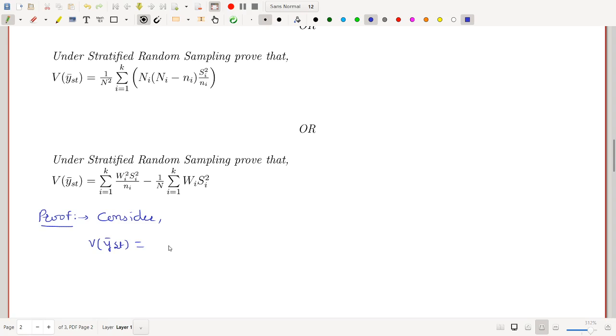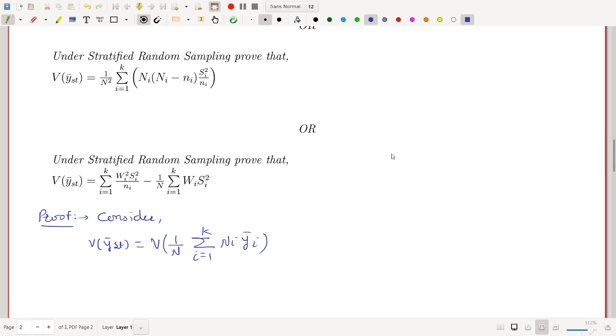Put the formula for y bar st here. So this is equal to variance of 1 upon n summation i running from 1 to k ni into small y bar i.